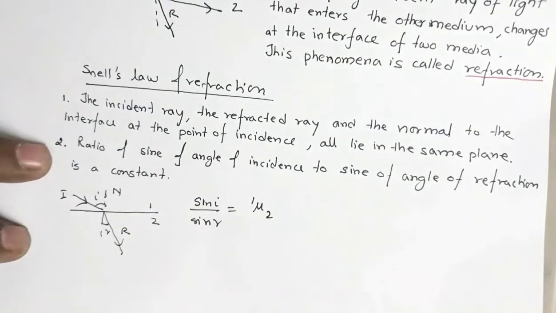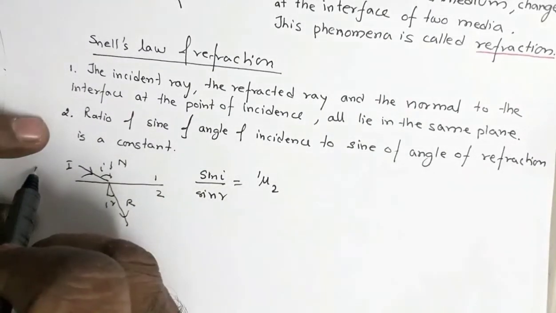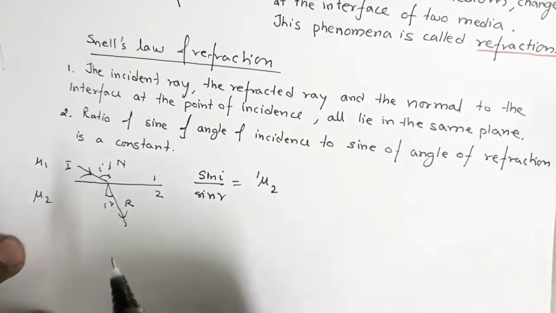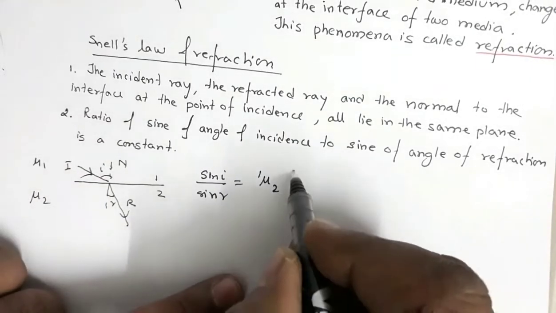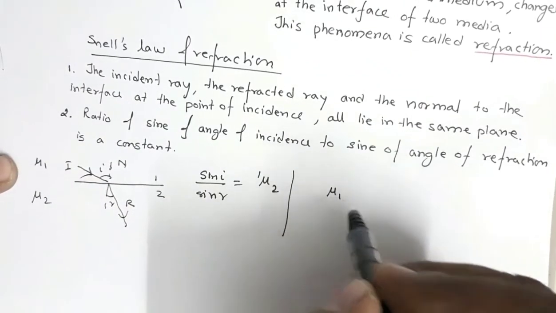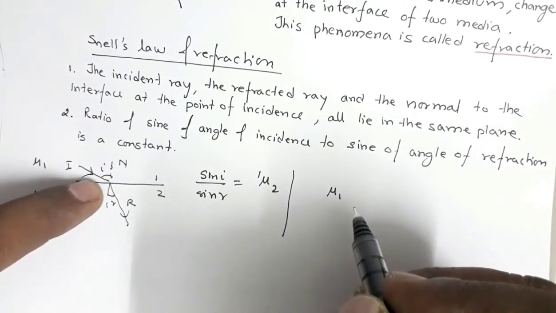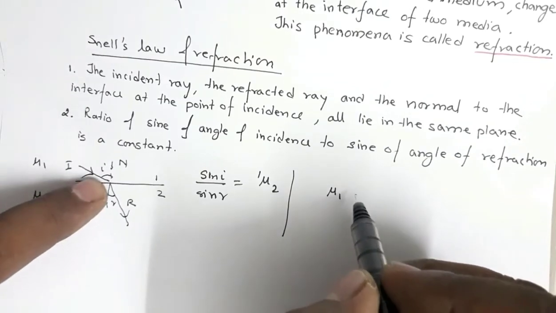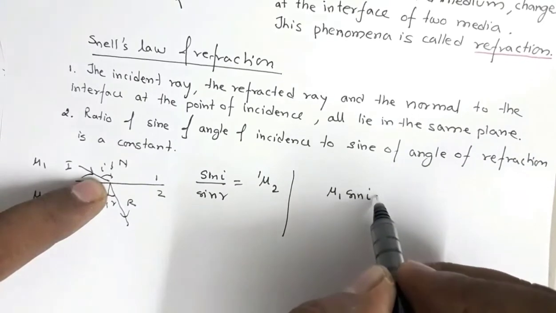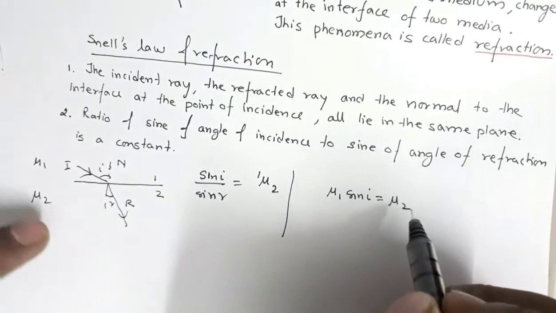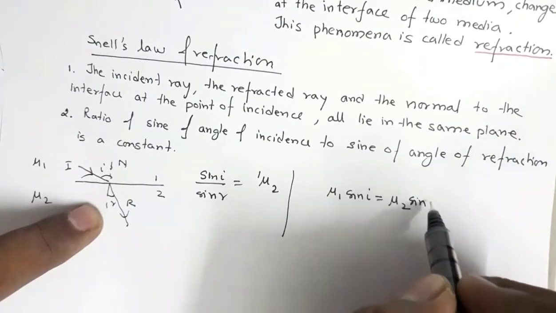There is another way of writing this expression. Suppose mu1 is the refractive index of first medium and mu2 is the refractive index of second medium. So you can write like this: mu1, refractive index of first medium, multiplied by sine of angle formed in that medium. So here medium of refractive index mu1, angle formed is i, so mu1 into sine i is equal to this side medium of refractive index mu2, angle formed is r, so mu2 into sine r.